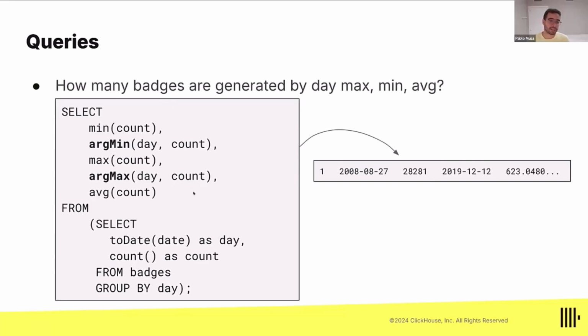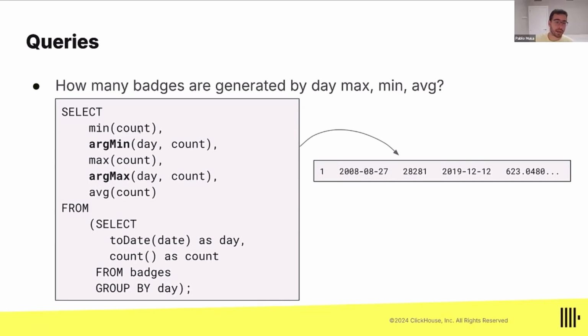To write this in SQL would be very complex, because I would need to do a first calculation of everything to then be able to get the day with the min value. In ClickHouse, we allow you to use argMin. This is a very, very handy function, which has its counterpart, the argMax function.